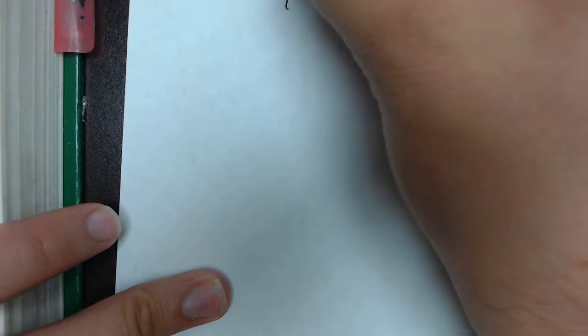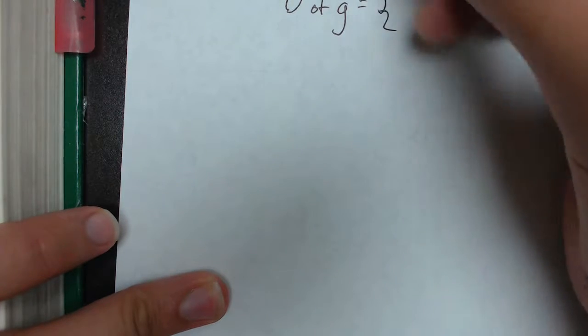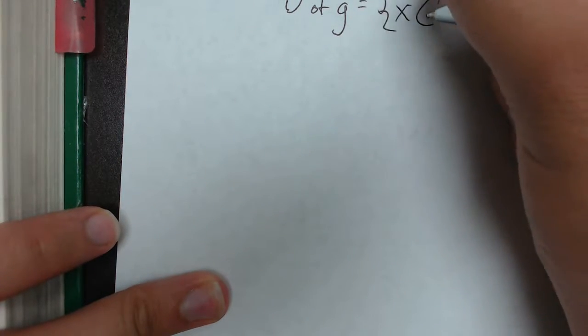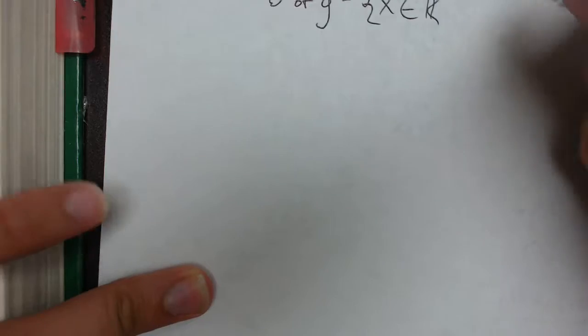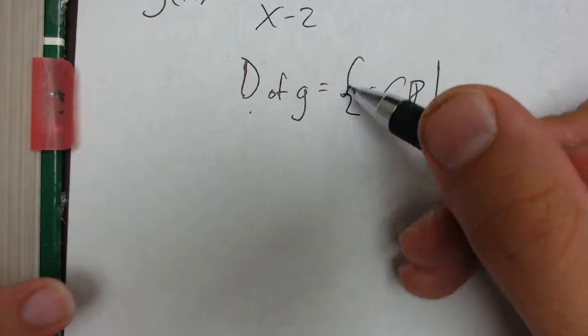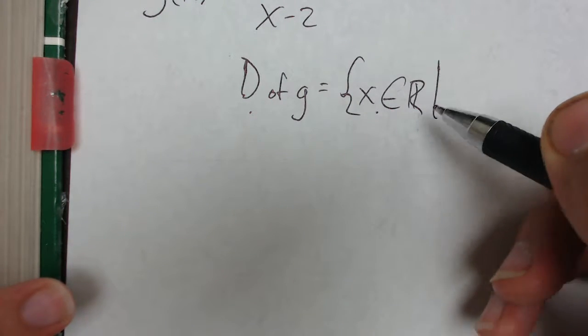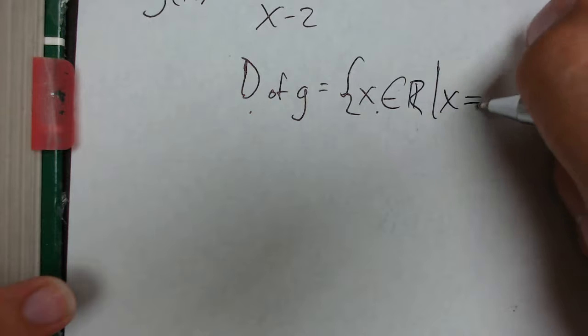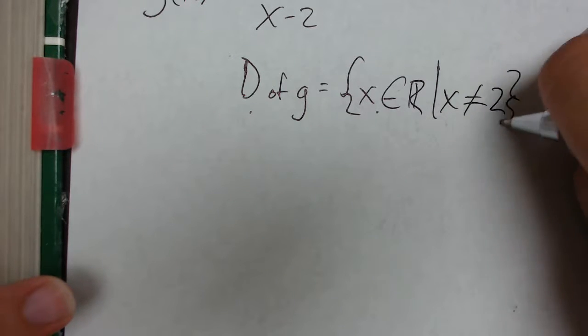So the way we write that is we would write domain of G equals the set of x being all real numbers as long as x does not equal 2, end set.